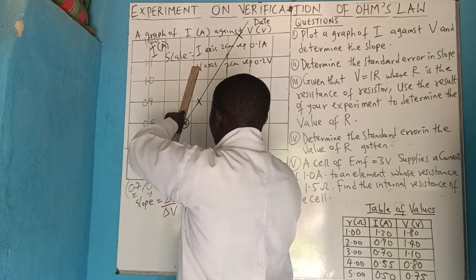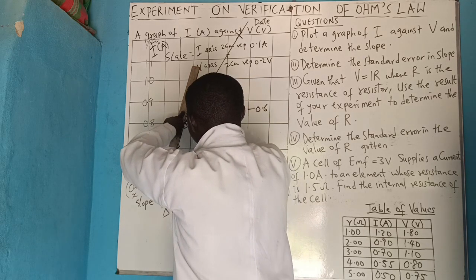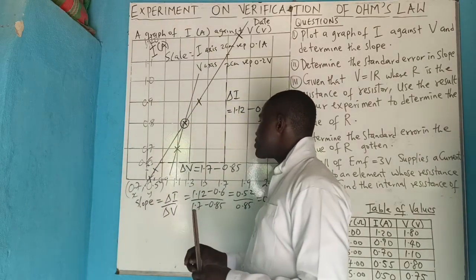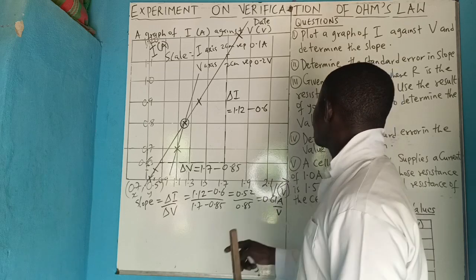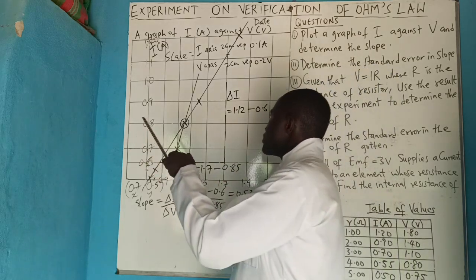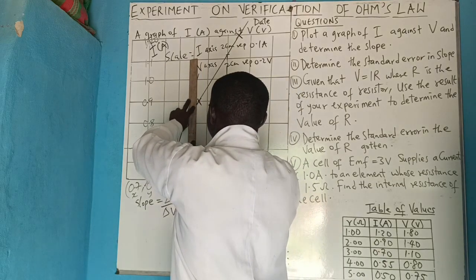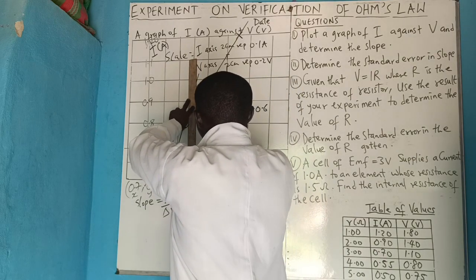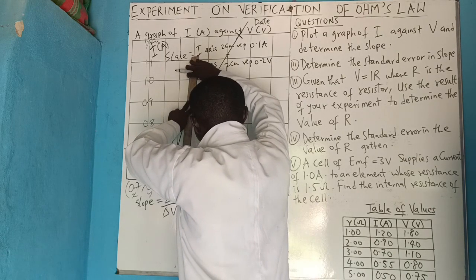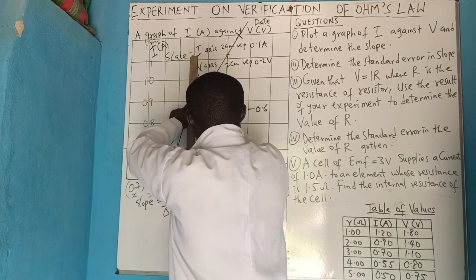Watch it. Look at the point that falls out. We take it with the centroid. So when we take it with the centroid, we'll be getting its slope. We have to get its slope.